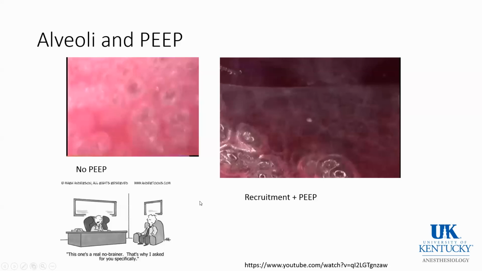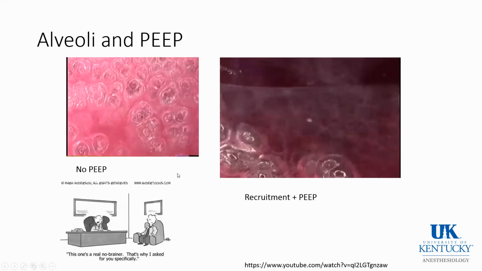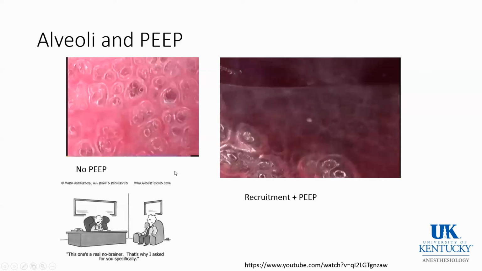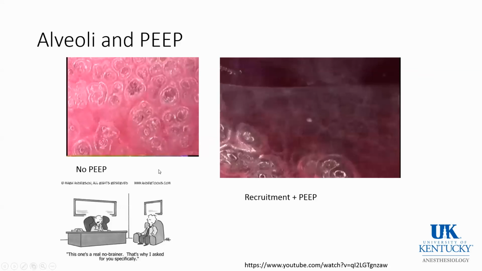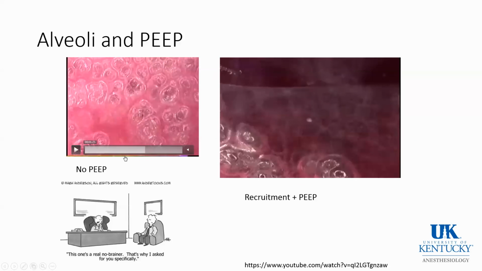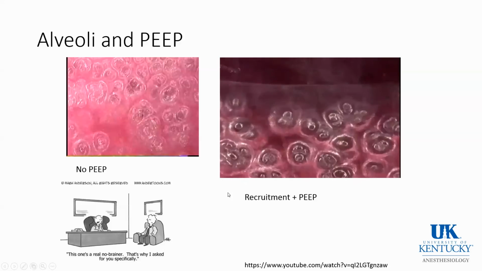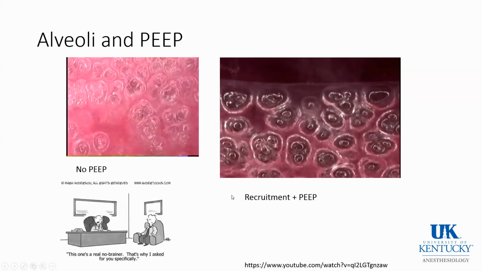So this is a nice little video that I always like to watch. You have a situation here with alveoli without PEEP. And if you pay attention, you can see the alveoli collapsing and then opening back up. This is what contributes to the idea of atelectrauma and the shearing forces that happen on these alveoli. And here they're doing a recruitment maneuver, and then they add PEEP.